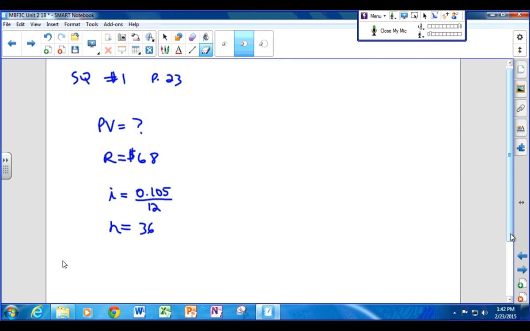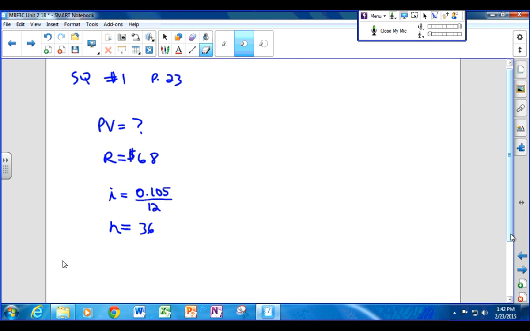Okay, we have everything we need. Now we have to pick out what formula we want. Let's go back and look at our formulas. When you're looking at these formulas, make sure you pick the one from the loan payment section. We want the one that says PV.